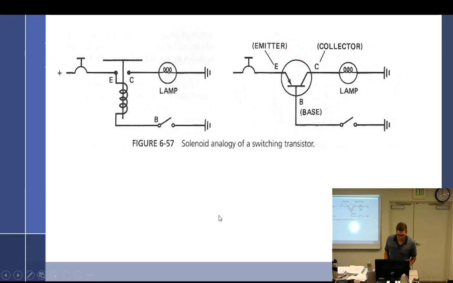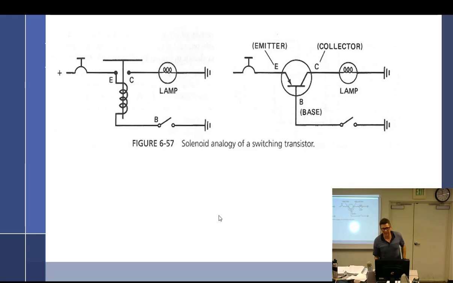I just wrote the emitter to base junction is forward biased. So I said we've got to connect it right in order for it to work. Base to emitter junction must be forward biased. What does that mean again? It's got to be on to work.